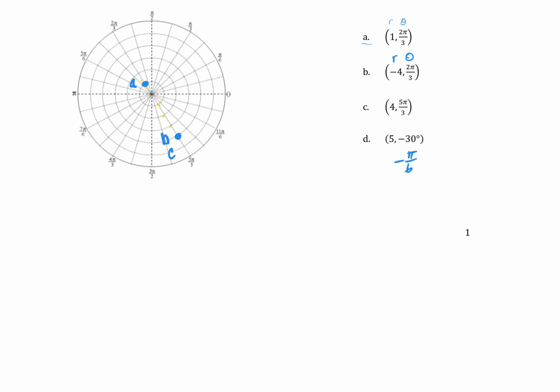That would actually be the same as 11 pi over 6 if you're looking at the positive. So at 11 pi over 6, which is negative pi over 6, which is negative 30 degrees, I'm going to go out 5 units, 1, 2, 3, 4, 5 out. But I don't want to keep that line on there because you might think that the line is part of it. And that would be our D.